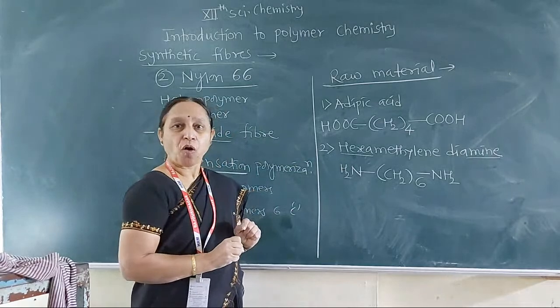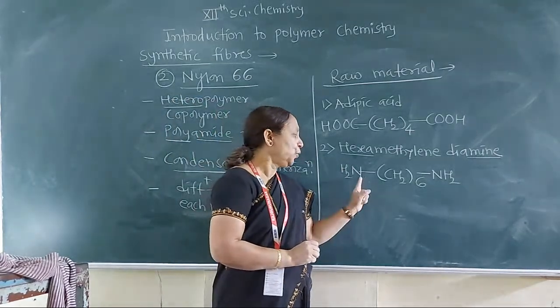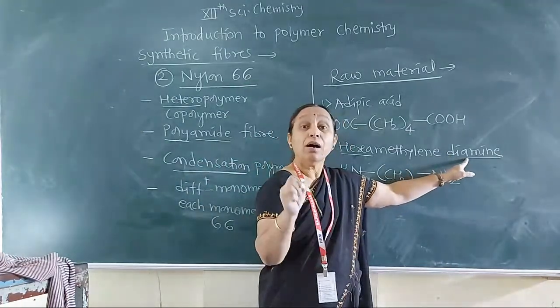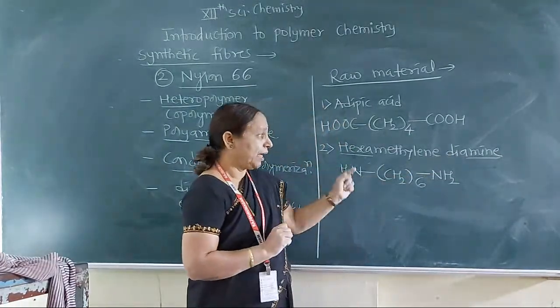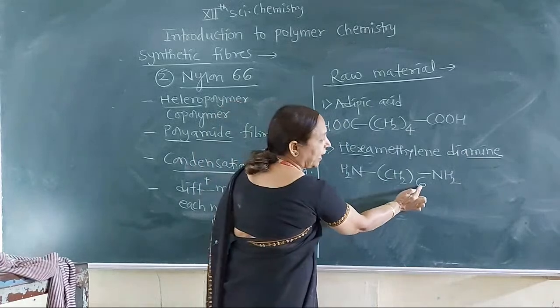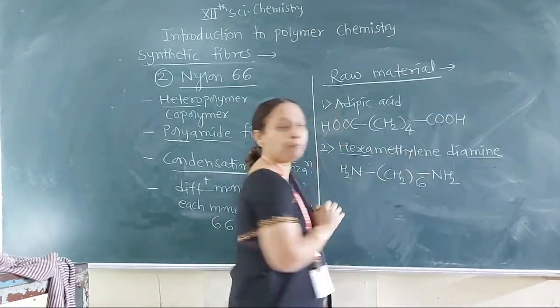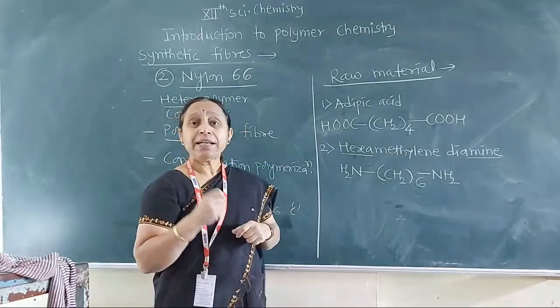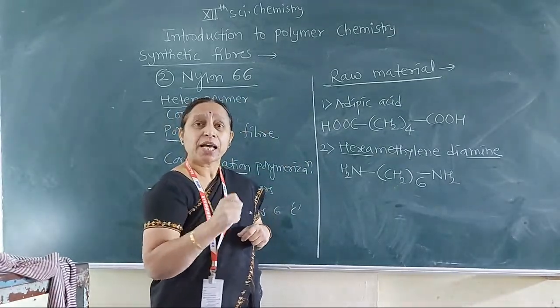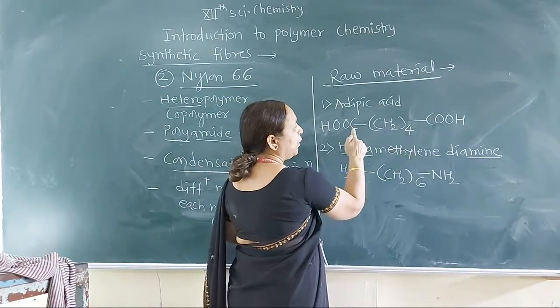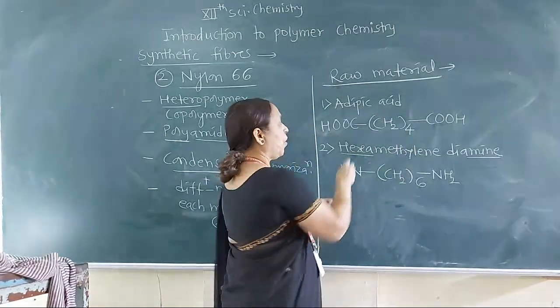Thus, this raw material possesses 2 amino groups, and thus it is diamine. The name of this molecule is hexamethylene diamine.